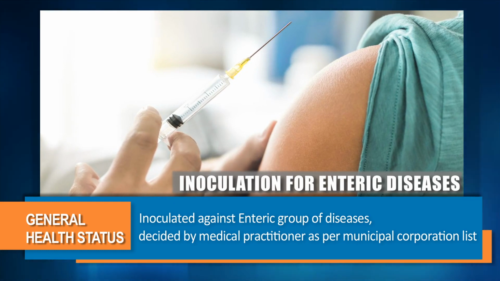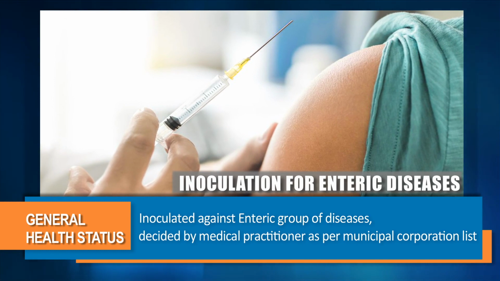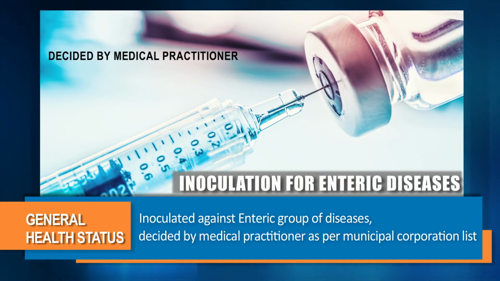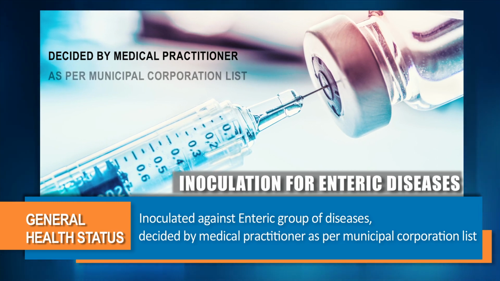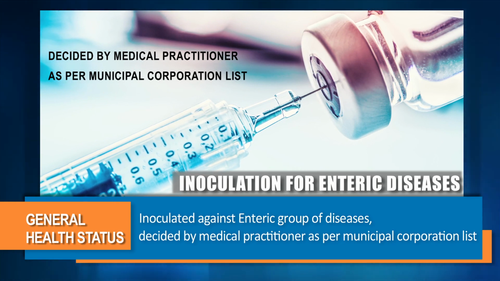Food handlers shall also be inoculated against the enteric group of diseases decided by the medical practitioner according to the list as declared by the municipal corporation of that area.